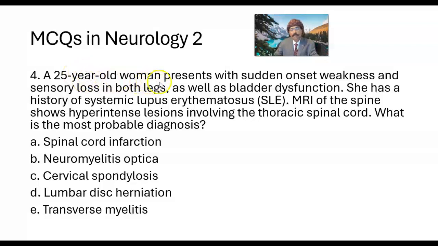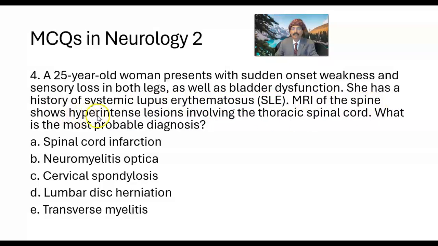A 25-year-old woman presents with sudden onset of weakness and sensory loss in both legs, as well as bladder dysfunction. She has a history of systemic lupus erythematosus, SLE.